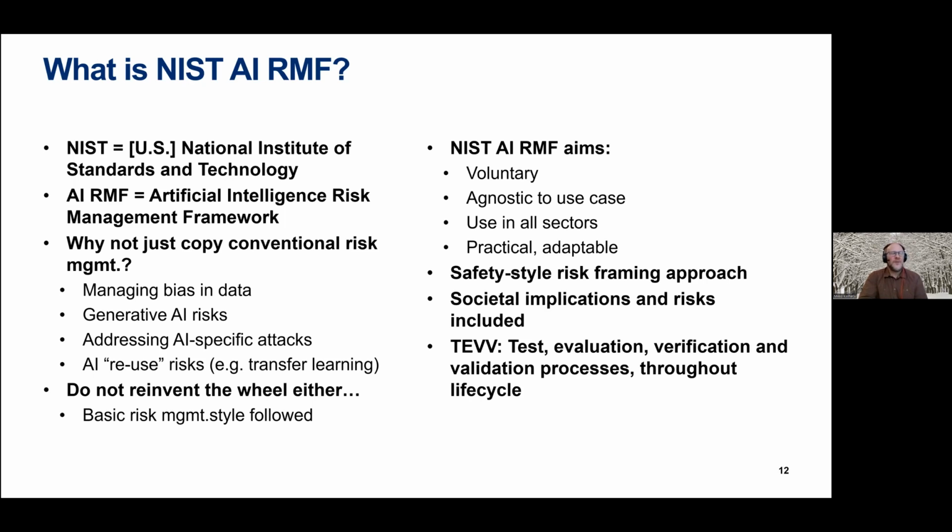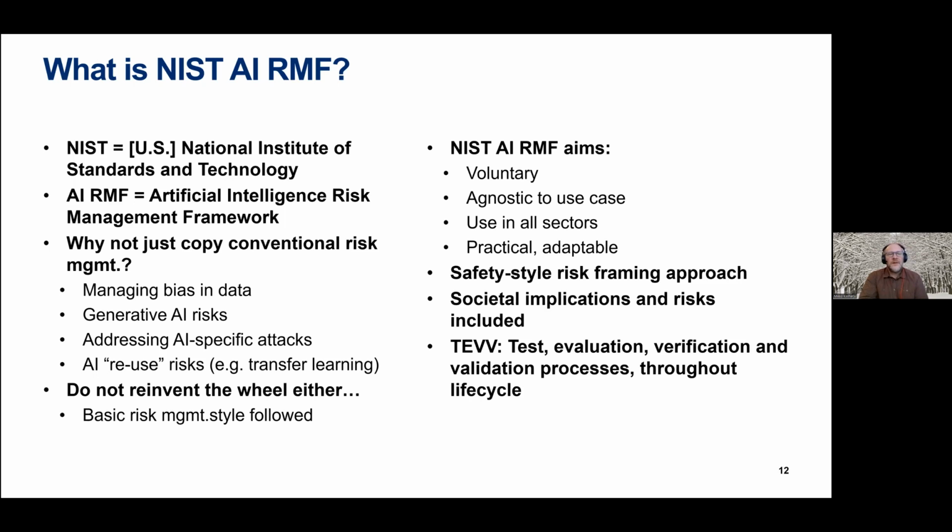Then again, we would not like to reinvent the wheel. So the NIST AI RMF is following the basic risk management style. Senior management commitment, training your personnel, and general awareness are things that you can copy from any other risk management guideline.